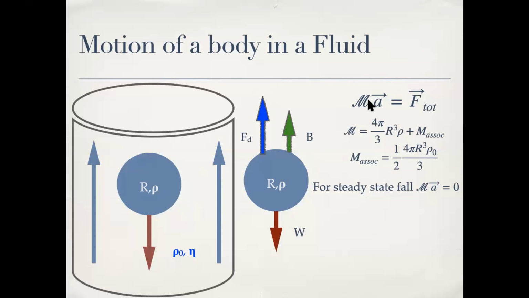Therefore the left-hand side of this equation is equal to 0, and the equation of motion for that falling ball is just that the total force is equal to 0. Since the total force is equal to 0, out of my diagram it follows that the resistance force F_d plus the buoyancy force must be equal to the weight.